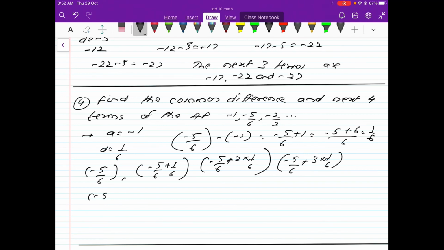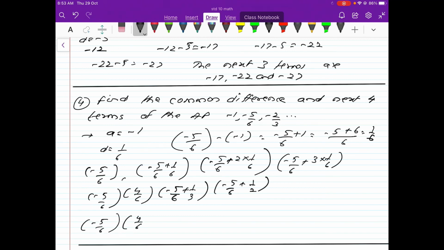So this is nothing but minus 5 upon 6. This will be minus 5 plus 1, so this will be minus 4 upon 6. This is minus 5 upon 6 plus 1 upon 3. We'll have to simplify this, and this is minus 5 upon 6 plus 1 upon 2. This also will have to simplify. So the first term is minus 5 upon 6.